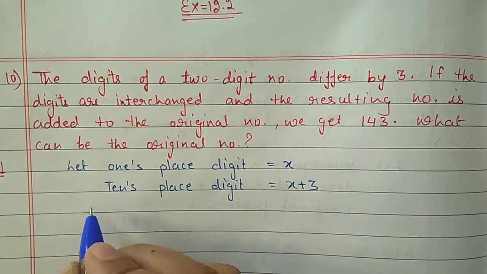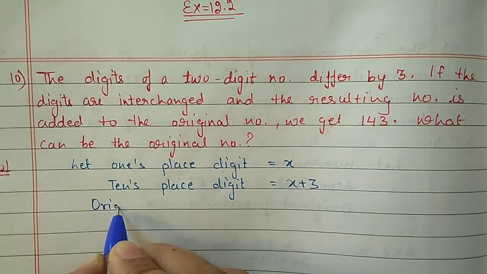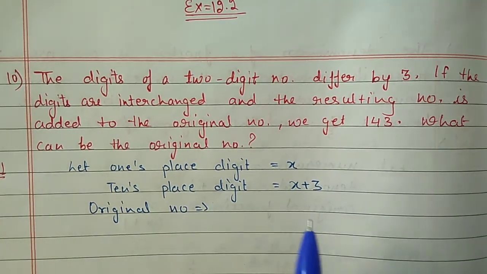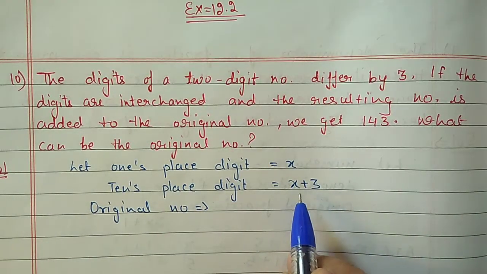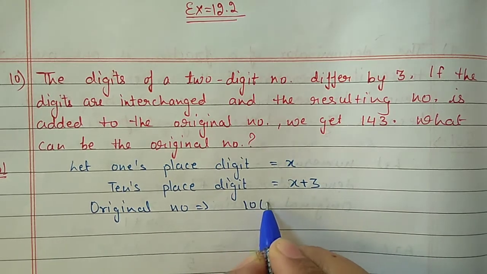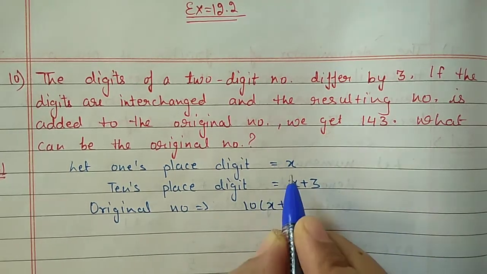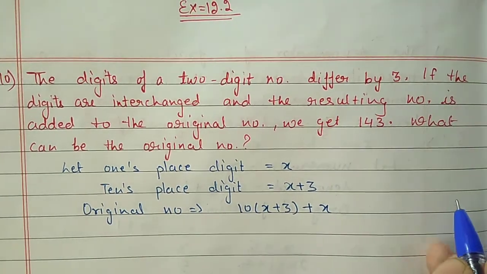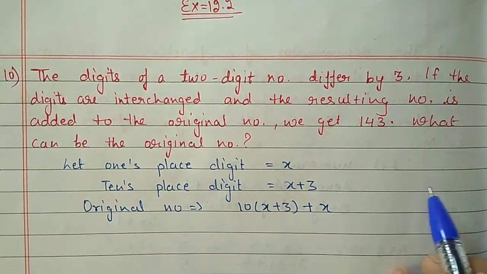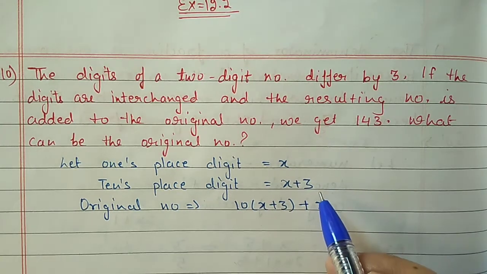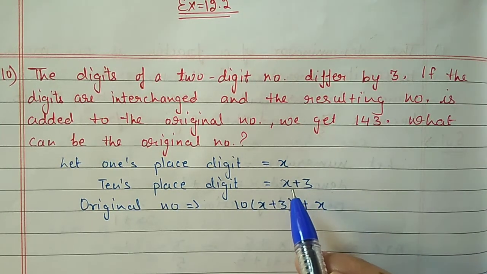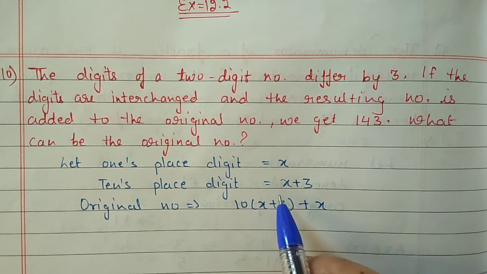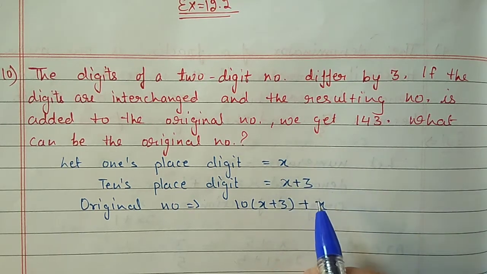Now the original number will be... remember, this x plus 3 is at tens place, so we need to multiply it with 10 and then add the ones digit. For example, if you have digits 2 and 5, in that case we will read it as 52, meaning this number we have to multiply with 10, 50, and then plus 2, then it will become 52.